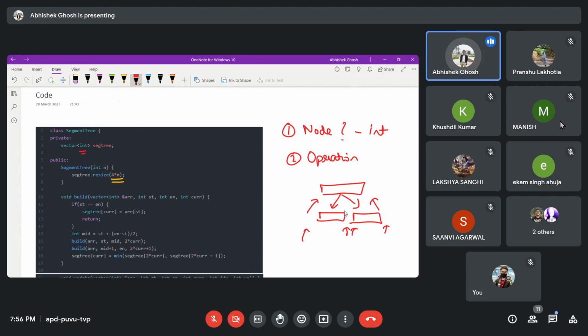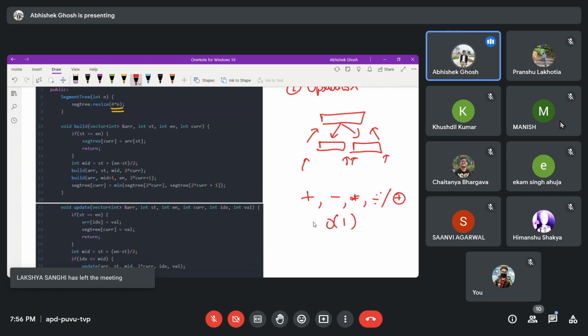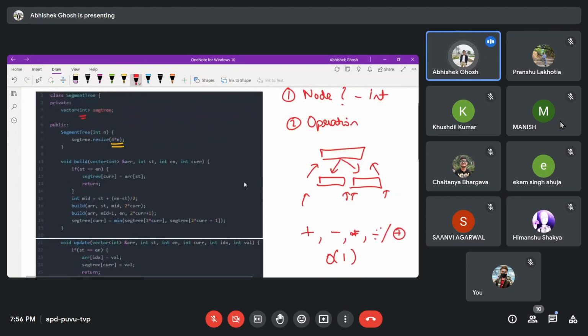Now the parent has to merge the two. So what kind of operation is being performed? Operations like plus, minus, multiply, divide, XOR are all constant time operations, order of one. This is what I was talking about earlier. Each node is storing just a single integer, so it was pretty easy for us to create a segment tree using just a single value.